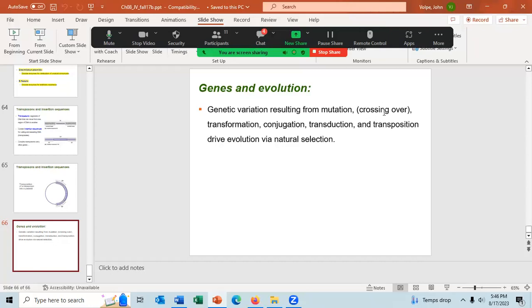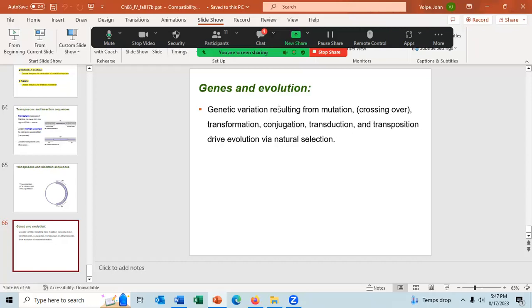And so crossing over doesn't create new variation in a cell, but it's important for making new genetic combinations. And then the variation, if it exists in the population, can spread by either transformation, conjugation, transduction, and then transposition increases that spread.